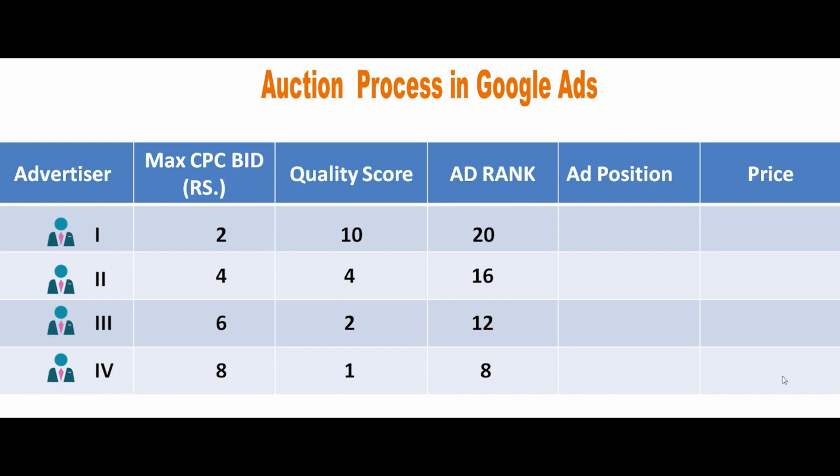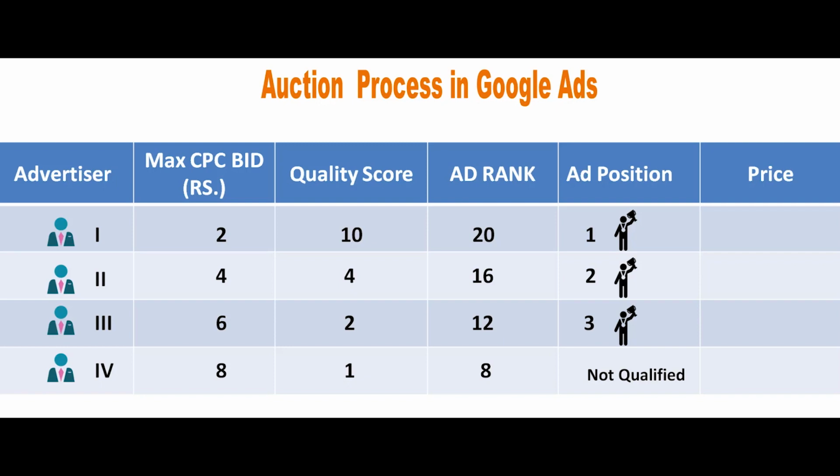Now things are very clear. Who are the winners? If Google wants to show 3 advertisements against a particular keyword, then advertisers number 1, 2 and 3 will be declared winners, and their advertisements will be shown in the search engine results in the order of their ad rank. The advertisement of the fourth advertiser will not be shown, even though he has made the highest bid in this case.